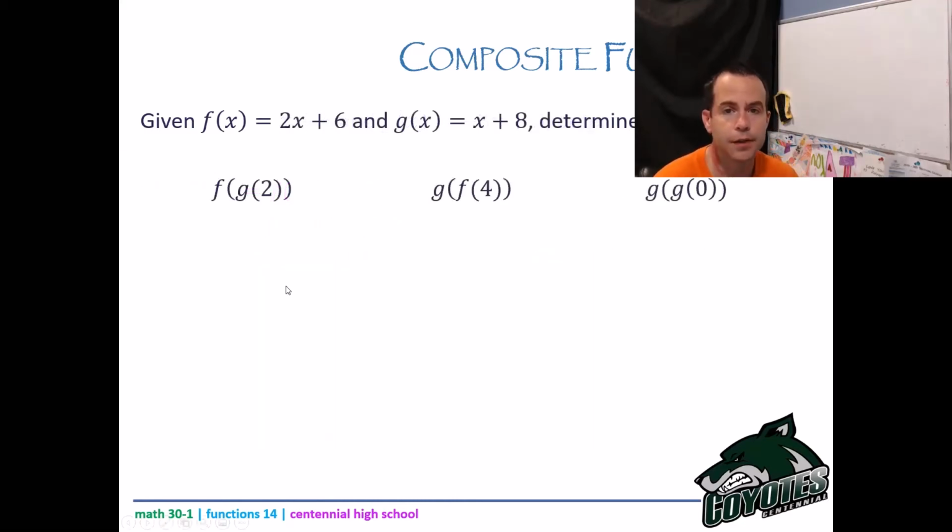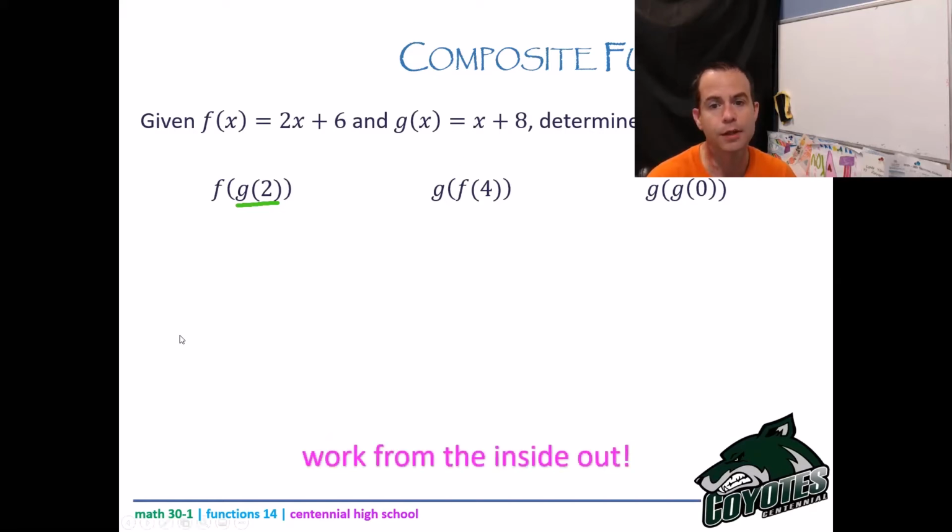All right, so given f of x equals 2x plus 6 and g of x is x plus 8, determine the following. So we're going to do f of g of 2. Again, you start at the center. The first thing you're asking yourself is what is g of 2? Well, g of 2 is 10, because when I plug in 2 here, I get out 10.